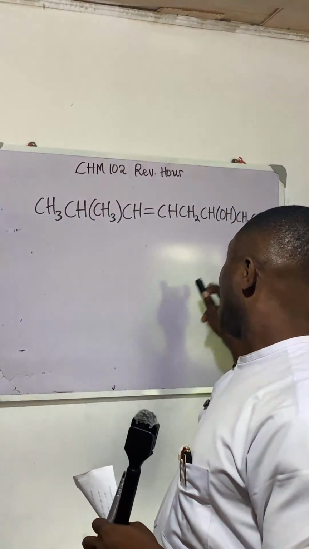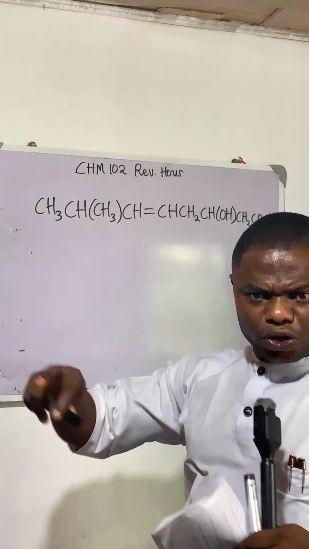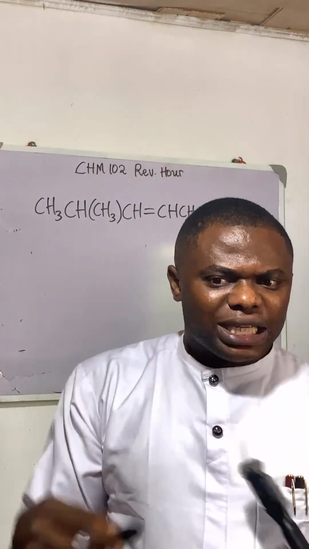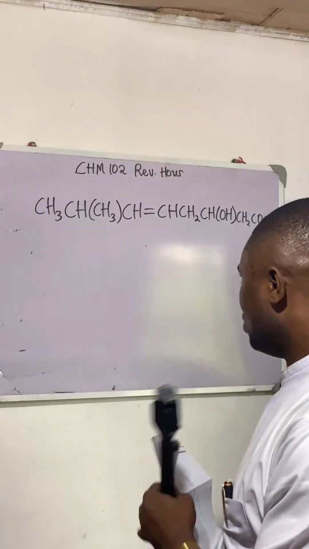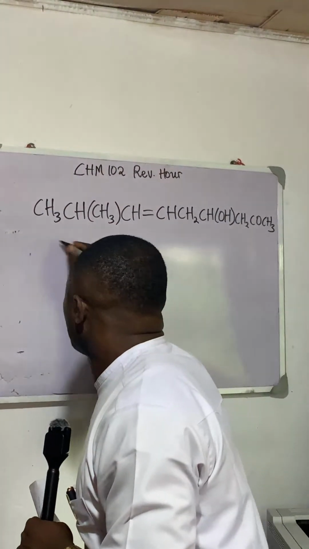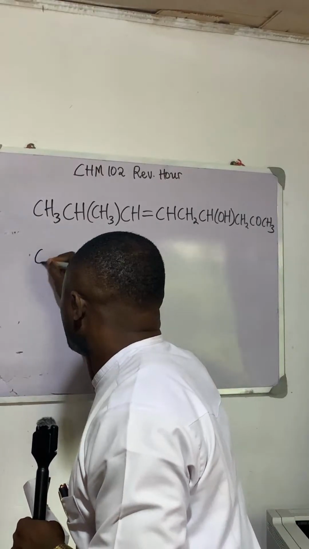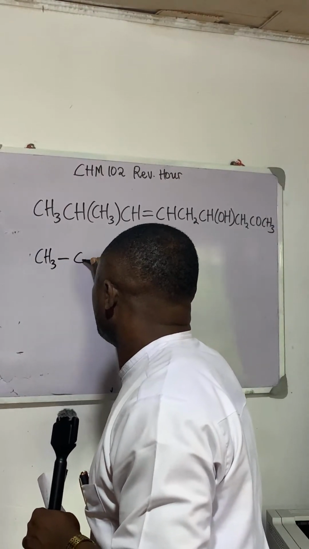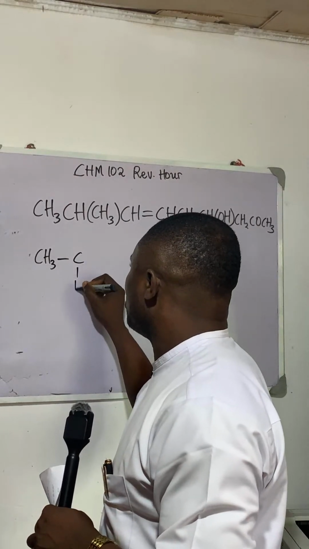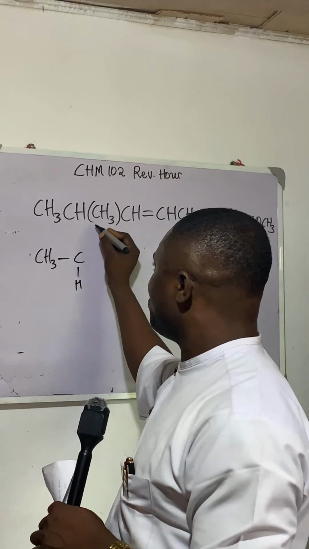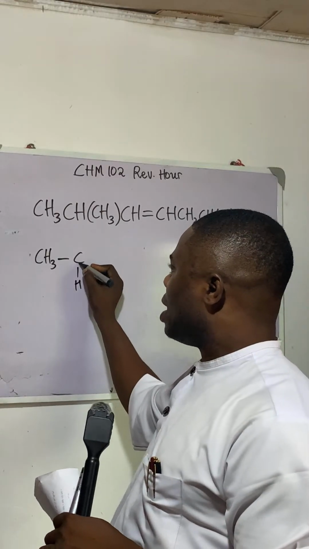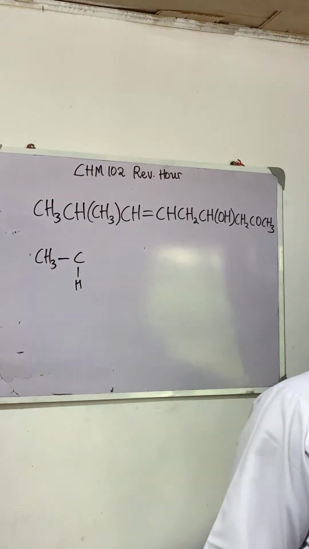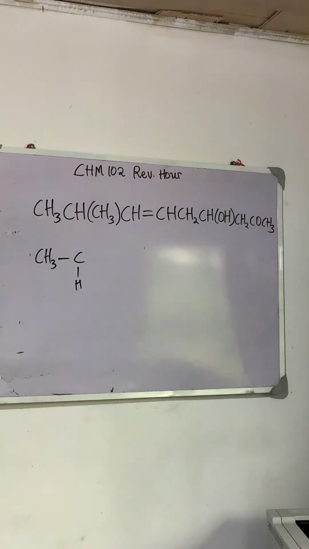Now look at this. I want us to put it in a bigger picture that will make naming easier. I'm going to transform this to CH3, then C. Let me put hydrogen here, because every terminal carbon has three hydrogen attachments.